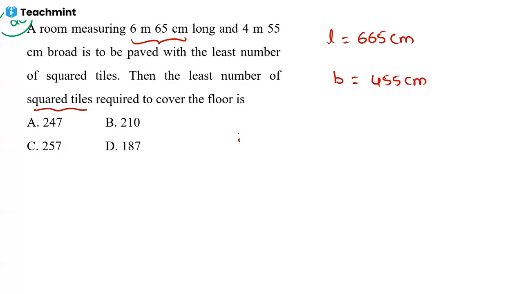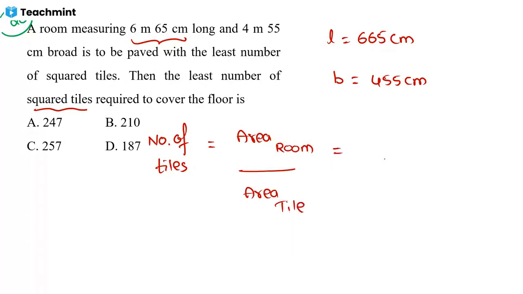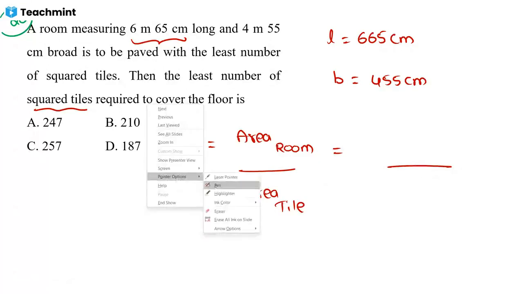This is the entire area. The number of tiles, the minimum number of tiles, is the room area divided by the area of a tile. As it is a square, a square tile is required. Now see, if you want the minimum number of tiles, the tile size should be maximum.